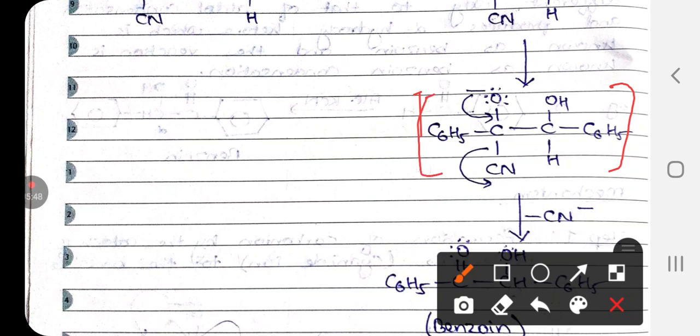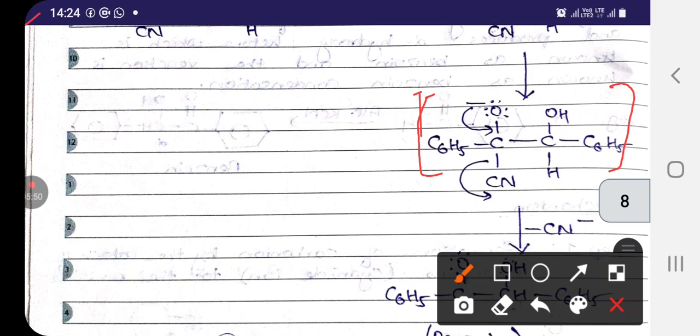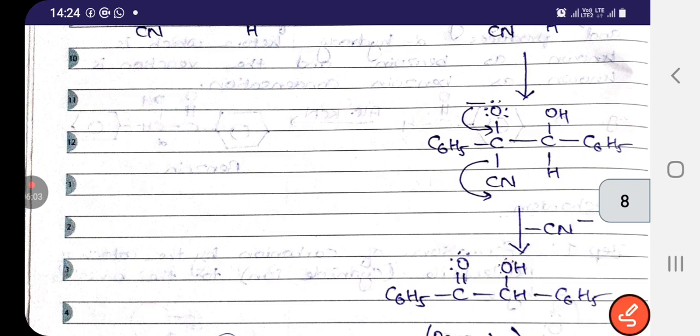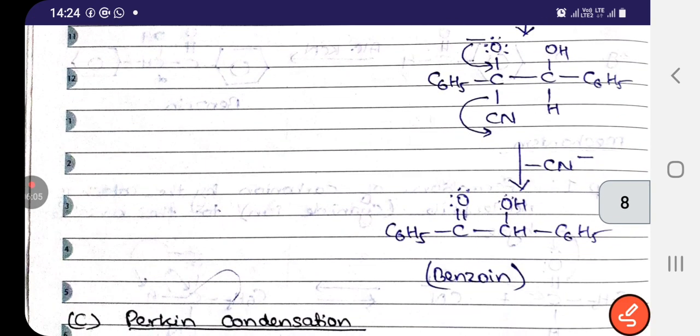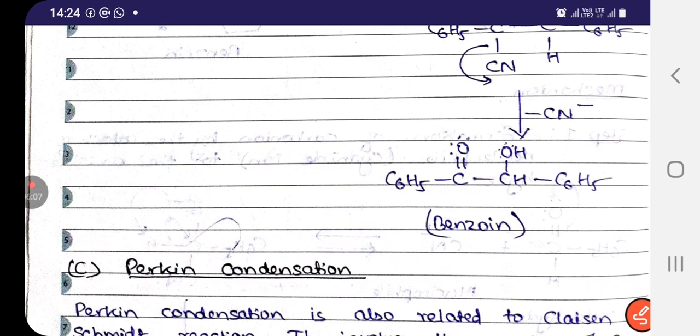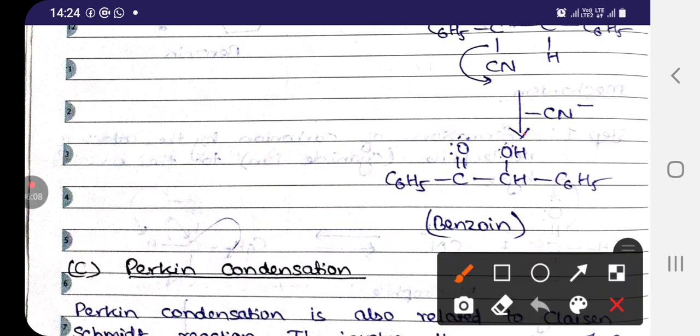This is the structure. Now O minus consisting of unshared pair of electron is displaced towards the oxygen carbon bond and the nucleophile is removed out, and it results in the formation of the desirable product. This is that desirable product. In class 12 mechanism is not required, but I have already mentioned.